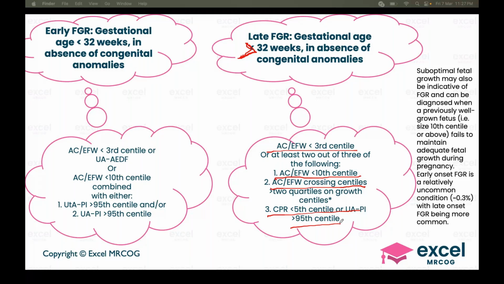That is important in late. AEDF, or absence of end diastolic flow, is important in early. In late, CPR is important if it is low, and umbilical artery PI more than 95th centile. Now, what does this mean? Let us see.